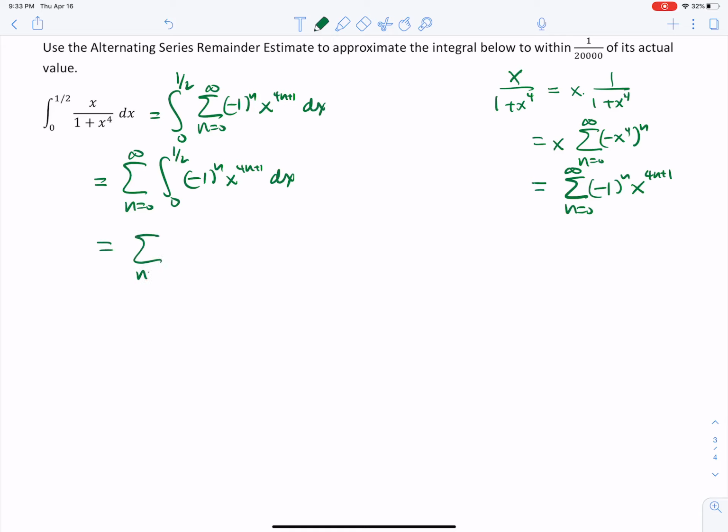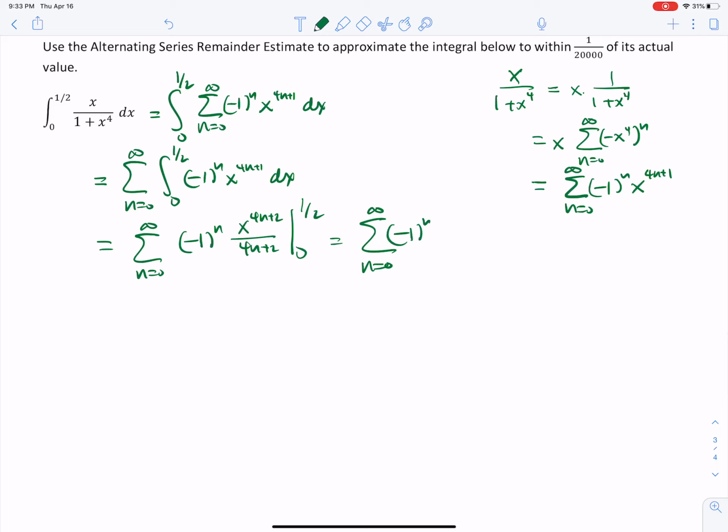Now I can anti-differentiate. Add 1 to the power, divide by the new power, and I'm evaluating between 0 and 1/2. So when I put zeros in, I get a whole bunch of zeros. And so what I'm really interested in is what happens when I put 1/2 in, so we get 1/2 to the 4n plus 2 over 4n plus 2.